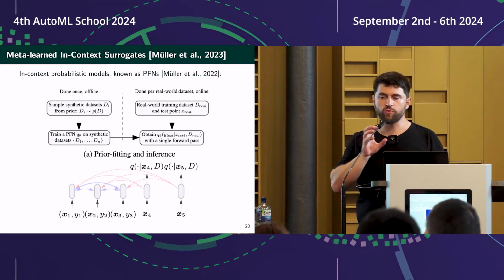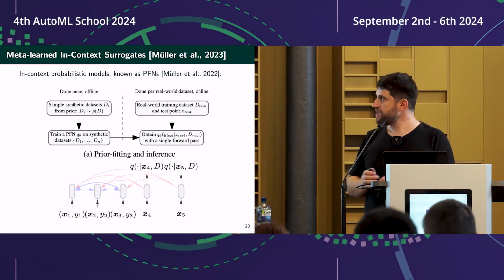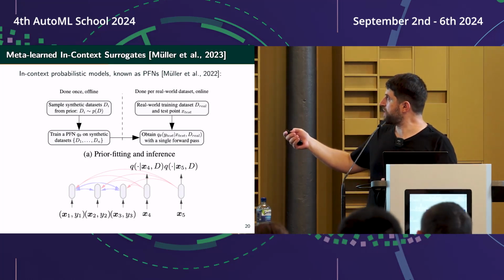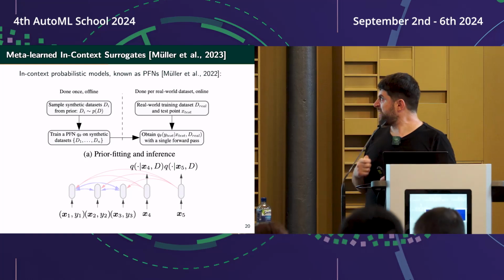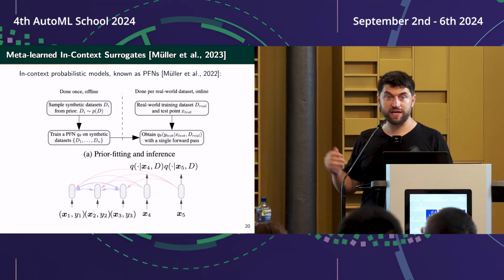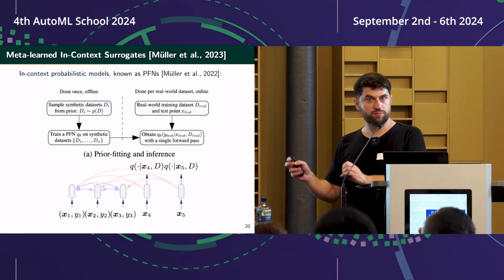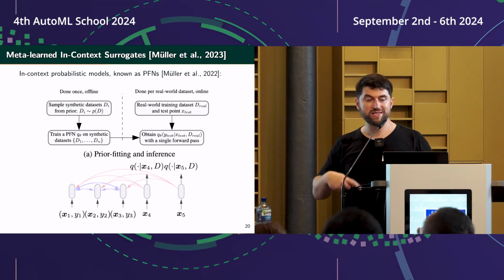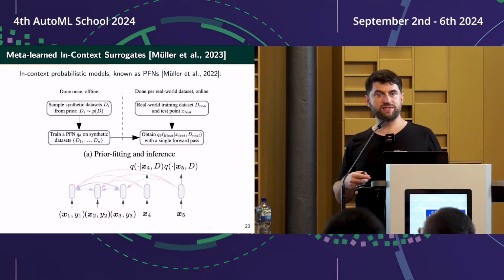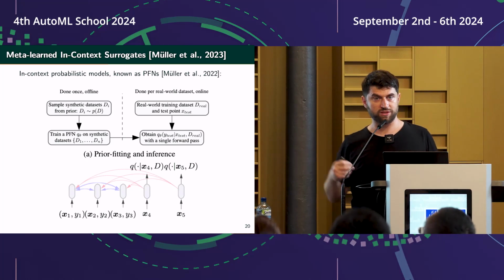And other researchers moved this one step ahead, especially the work by Samuel Müller and colleagues, which actually does meta-learning of the performance predictors, but uses in-context surrogates instead of surrogates that are fine-tuned on a target task.